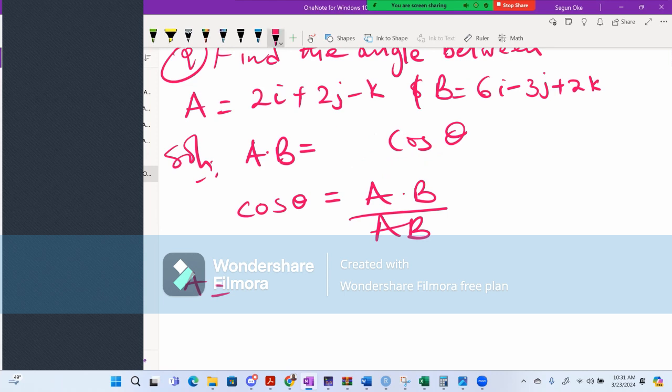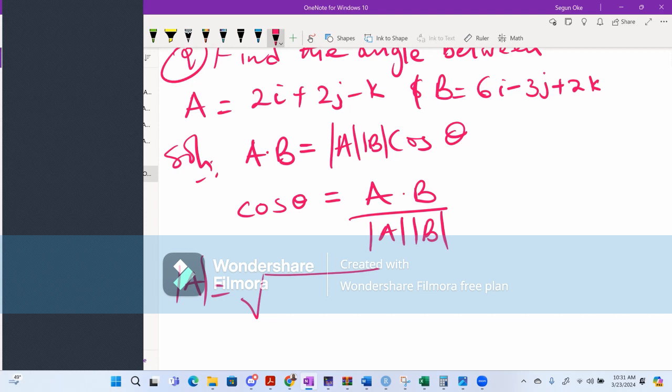It's absolute value of A, absolute value of B. That is the magnitude of A and magnitude of B that we are talking about. So if you want to find the magnitude of A, we have square root of 2 squared plus 2 squared plus negative 1 squared.